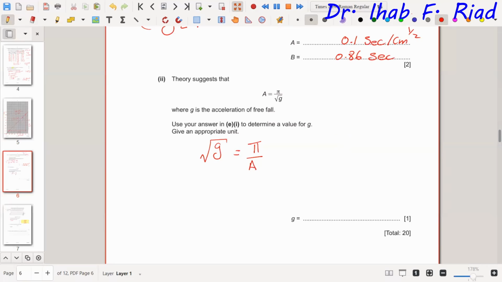You will square both sides, right? Yes. So g is equal to pi over A, all squared. Do we know pi? Yes, 3.14. Do we know A? 0.1. All squared.